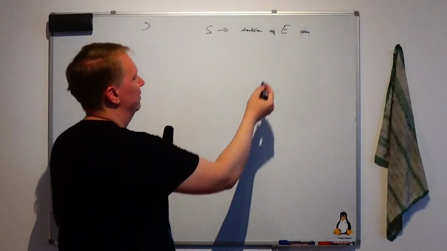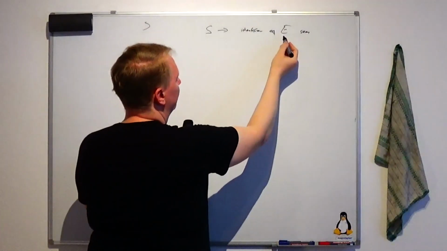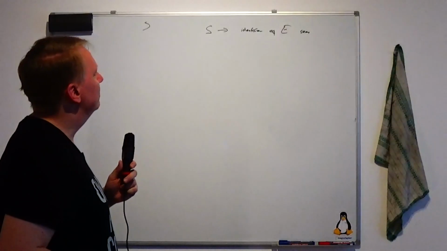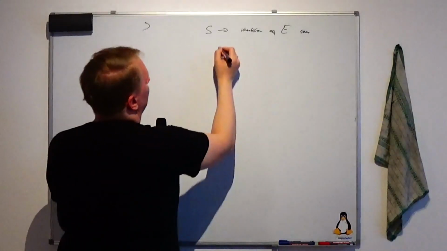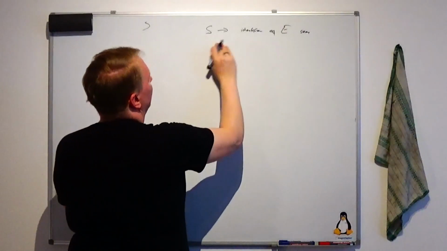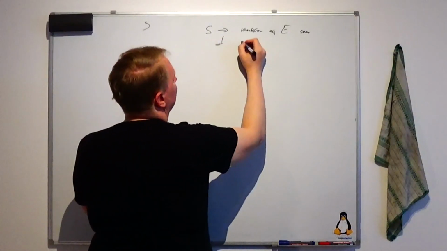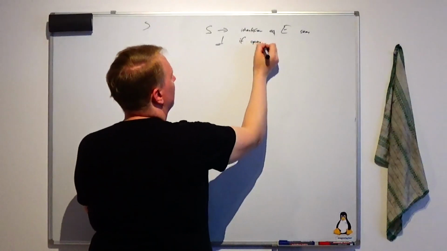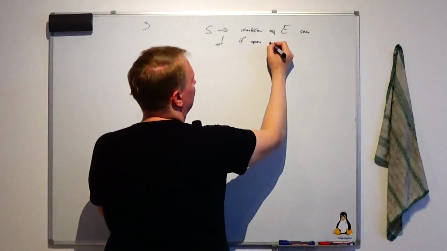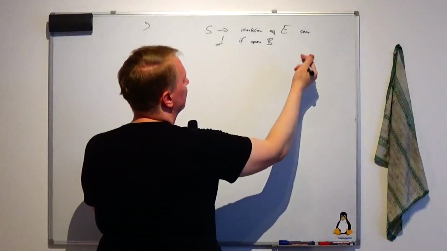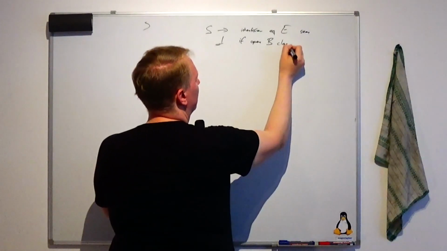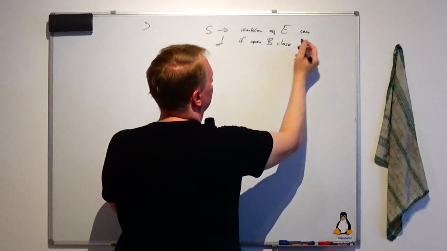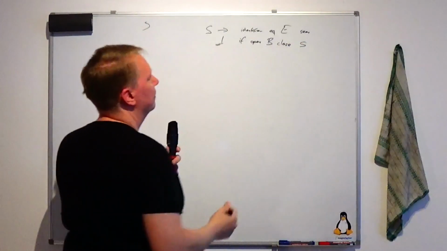You know, you have some arithmetic expression and you want to evaluate that and then assign it to a variable. Or you could have as a statement if, open parenthesis, b for a Boolean expression, close, if Boolean expression statement.